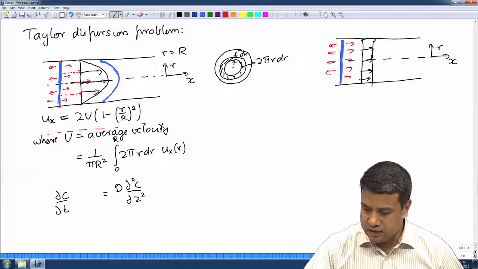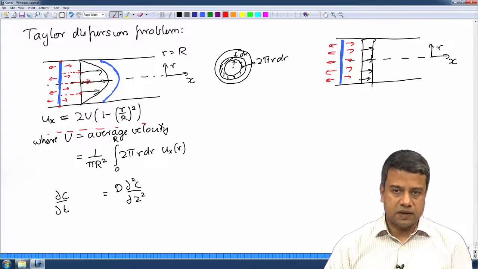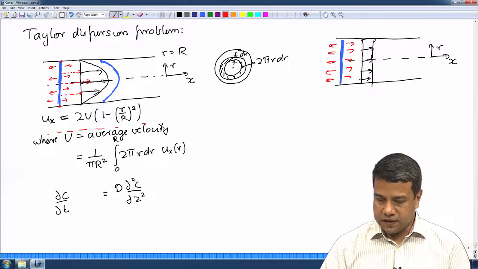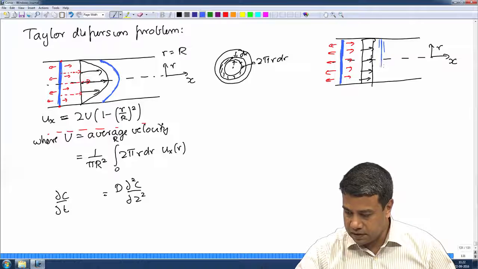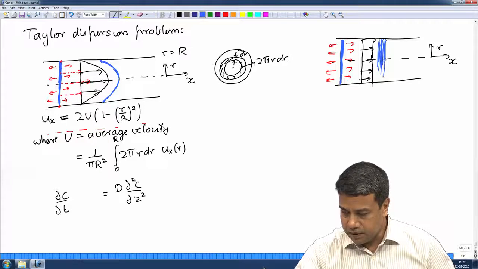There is no distortion of this shape due to the velocity of the fluid. So after some time, basically what will happen is you will have a more diffuse plug here, because of molecular diffusion along the axial direction.